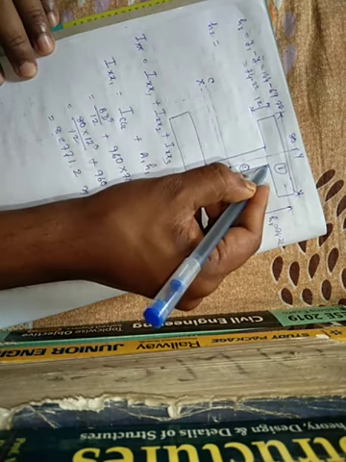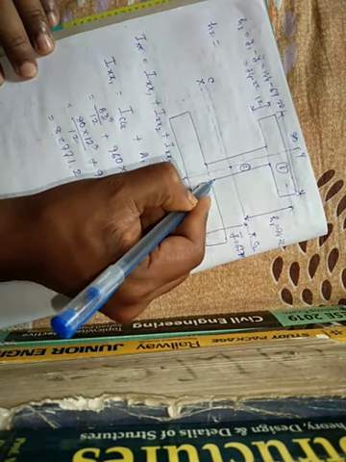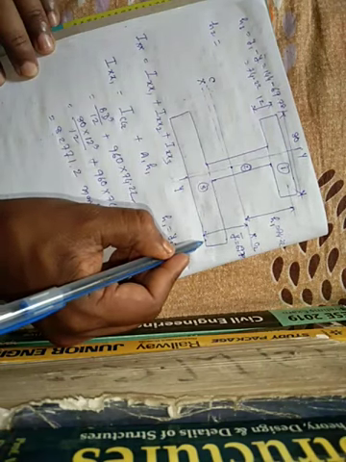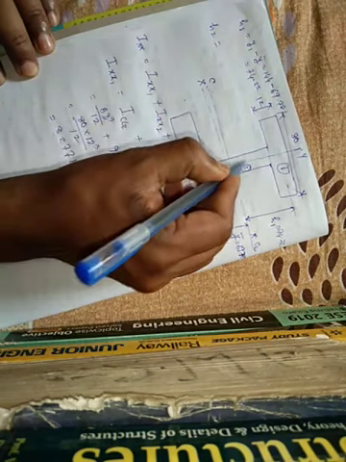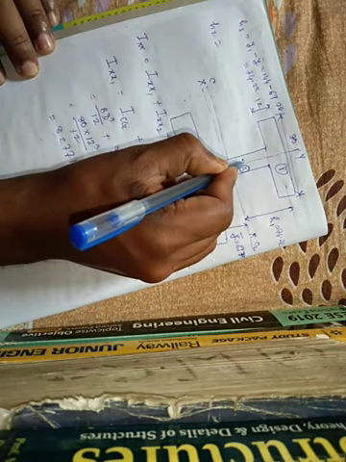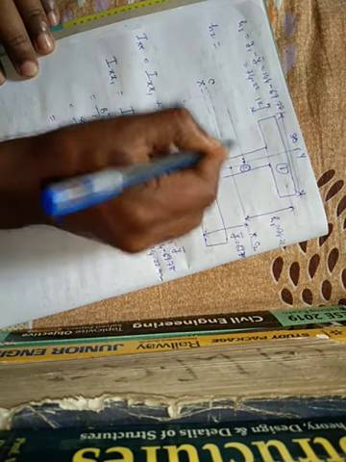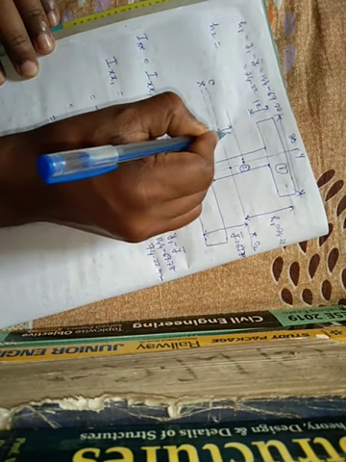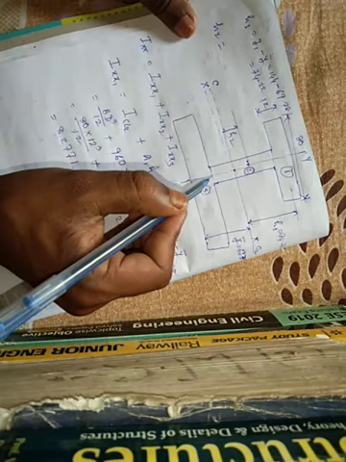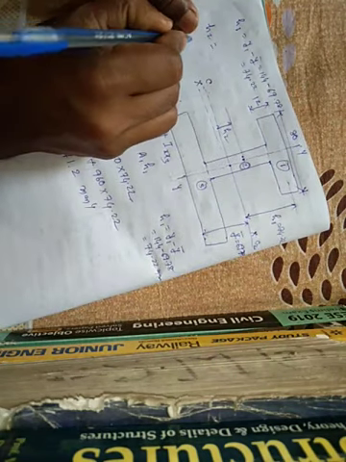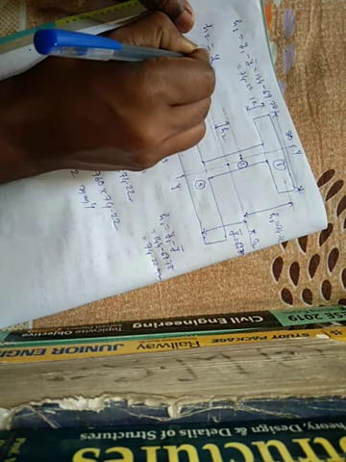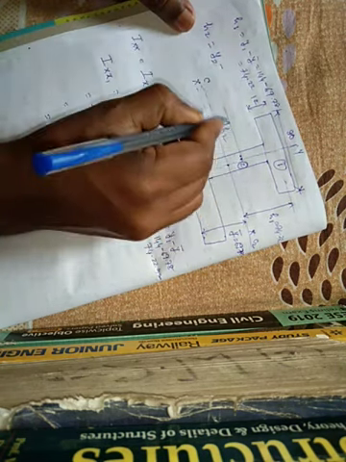H2 is from the center of the web to the CG of the whole section. The center of the web is here. This is H2. H2 equals y2 minus y bar, from here to here.